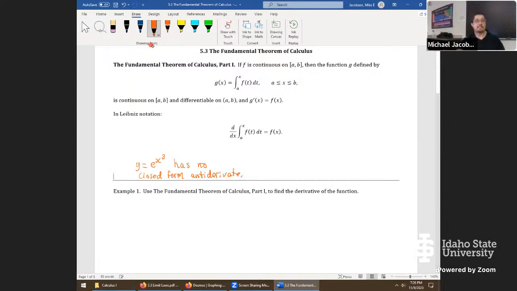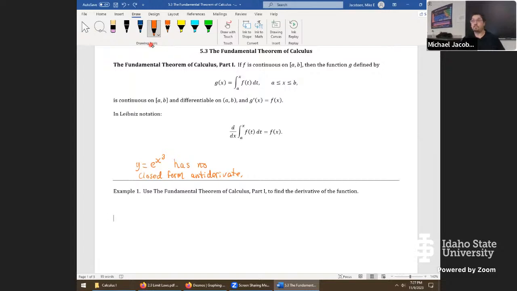And what I mean by that is, well, there is an antiderivative, but it is impossible for me to write it down as something like f of x equals, I can't write down a formula for this thing using ordinary functions like x, sine, cosines, that kind of stuff, and putting them together with multiplications, divisions, and so on. We need something else on this thing.